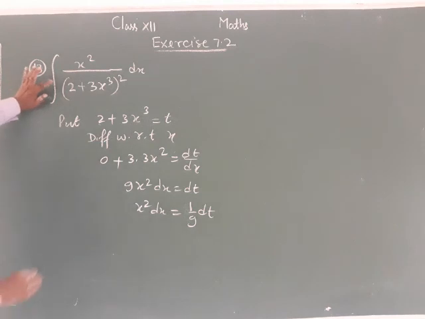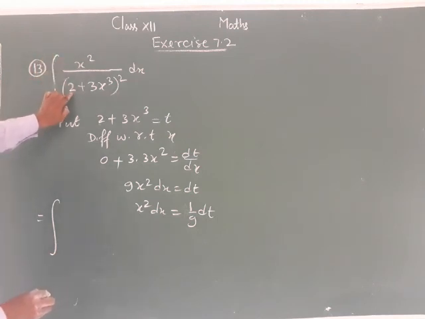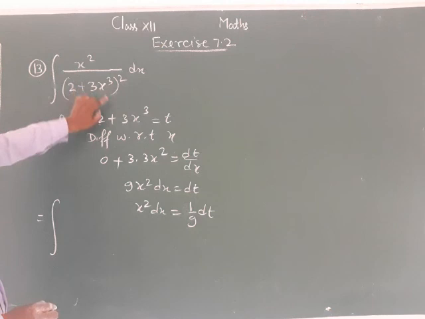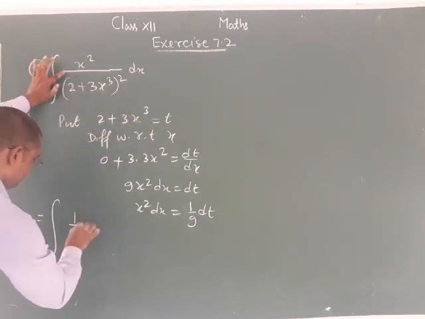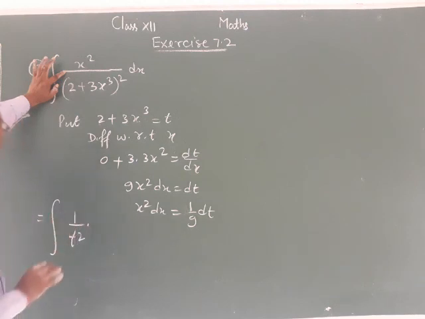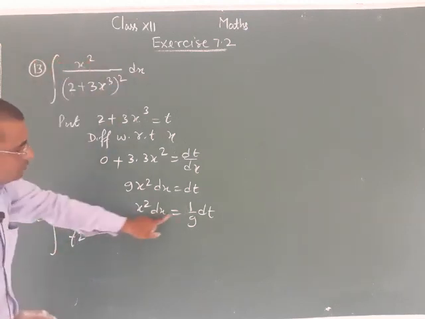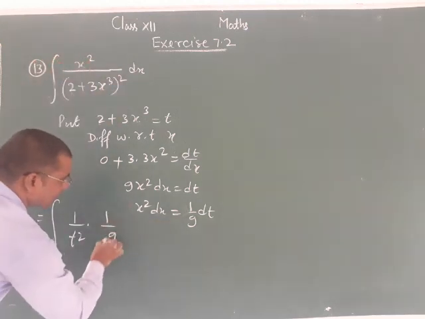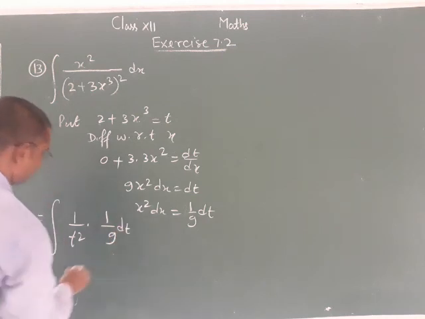So now it can also be written in the form: integral 1/(2 plus 3x^3)^2 is equal to 1/t^2 and x^2 dx is 1/9 dt.